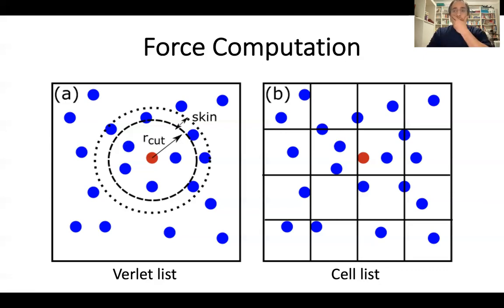Okay, so the force computation is the bottleneck. You can have these optimizations, but one important part of molecular dynamics is that it can be parallelized, and mainly this force computation needs to be parallelized.